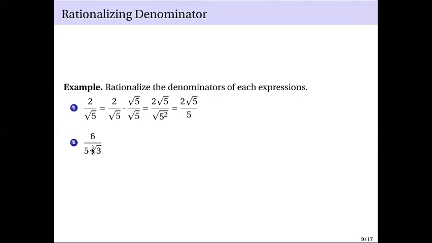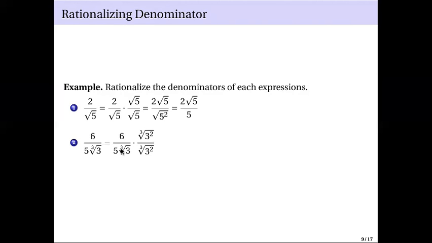The index is 3, but the power inside is just 2. So instead, we multiply by cube root of 3 squared. We multiply the denominator by cube root of 3 squared, and we also multiply the numerator by cube root of 3 squared.